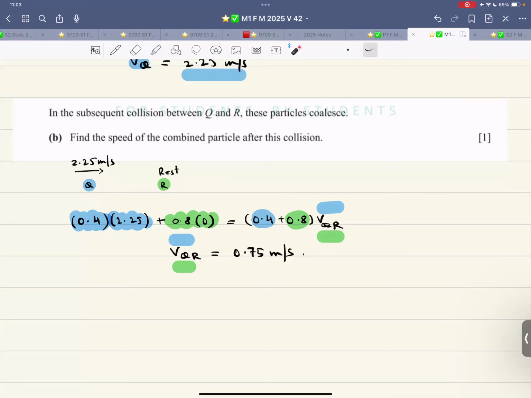Again, that's pretty basic: 2.25 into 0.4, 0.8 into 0, 0.4 plus 0.2, that is coalesce. You want to write the word coalesce, you can go ahead and write it. C-O, not cola, it's coalesce, my bad. C-O-A-L-E-S-C-E, coalesce. And that is a single particle, and that is the combined speed.